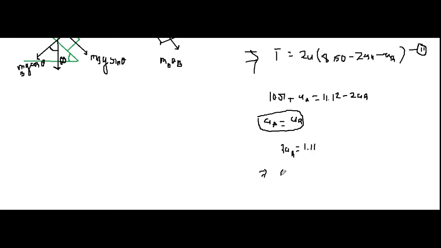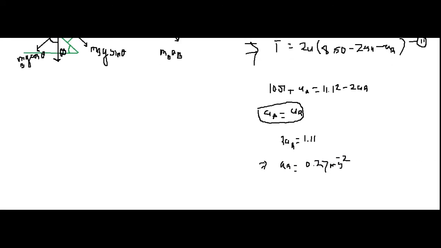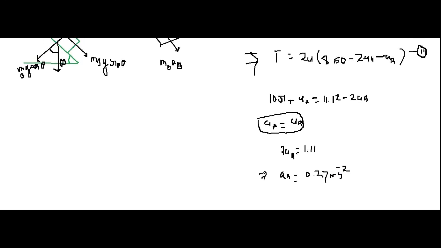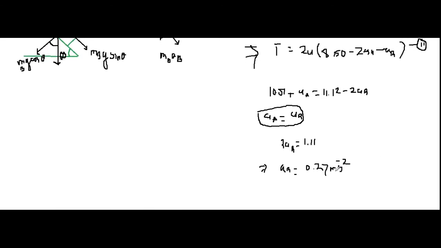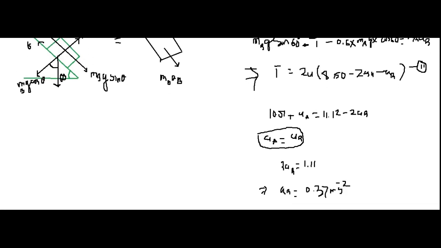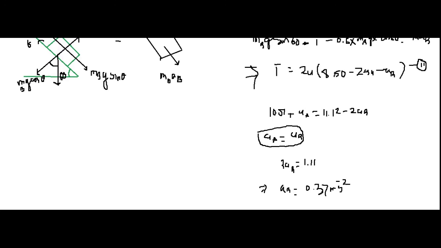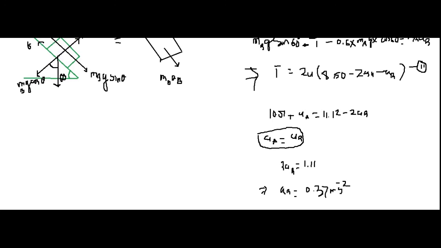So the acceleration of block B comes out to be 0.367 meters per second squared. So this is the resulting acceleration of block B. Likewise, the acceleration of block A is again 0.37 meters per second squared, and the negative sign just indicates that A is moving upward towards the pulley while B is moving away from the pulley. So AA is again 0.37. This is the way we can solve the problem.